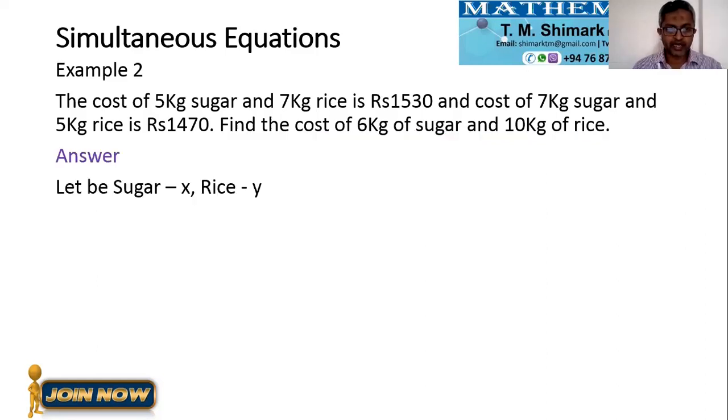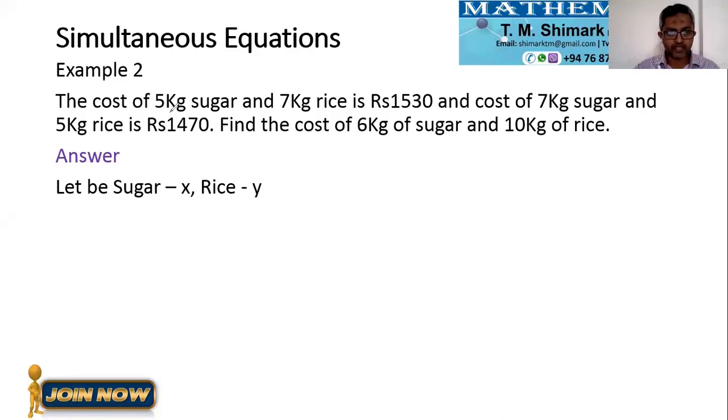Let 1 kg sugar price be x and rice be y, and then we will construct an equation. Can we get the equation and tell me? Aski gave an answer, Ashfaq has also given me an answer, but only one equation. I need two equations.